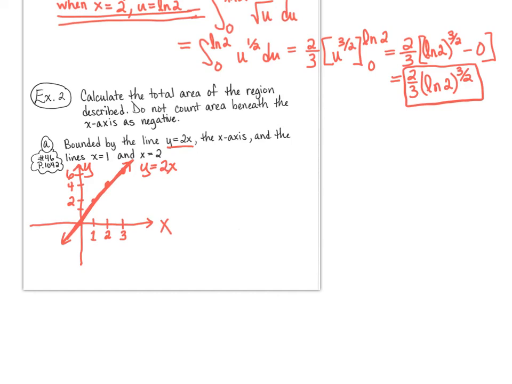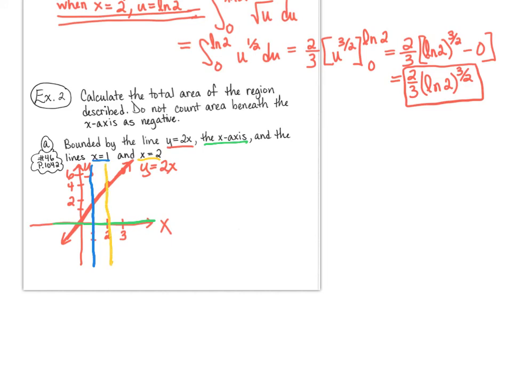Okay, we know that this region is bounded by the line y equals 2x, the x-axis. So let's switch our colors. The x-axis, and the lines x equals 1. x equals 1 is this vertical line here, and x equals 2, which is this vertical line here.